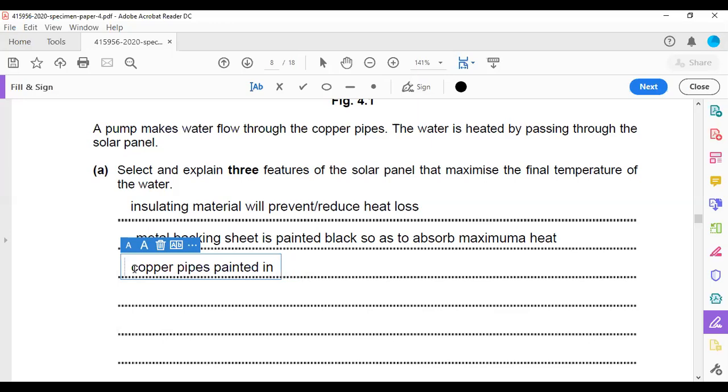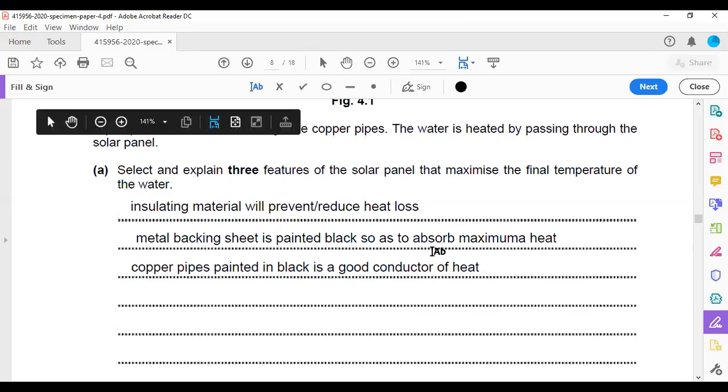Copper is a good thermal conductor. So copper pipes painted black is a good conductor of heat, or we can say a good thermal conductor of both heat and electricity. But we're not focusing on the electricity here right now. We're focusing on the heat or thermal energy.